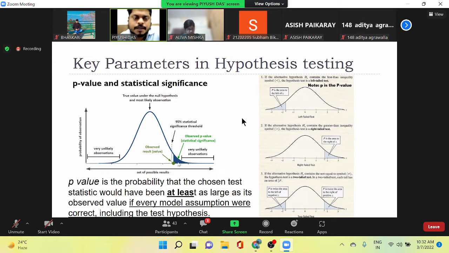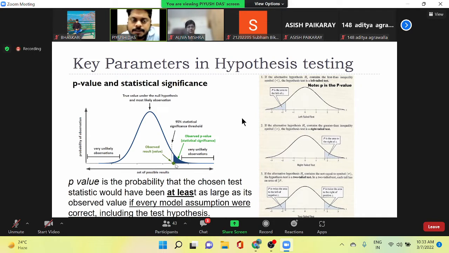Will it lie in this dark blue region or in this white region? If it lies in the dark blue region, I can reject my null hypothesis and say that yes, the average quiz marks are greater than 3.5. But if it lies within the white region, I will not be able to reject it.